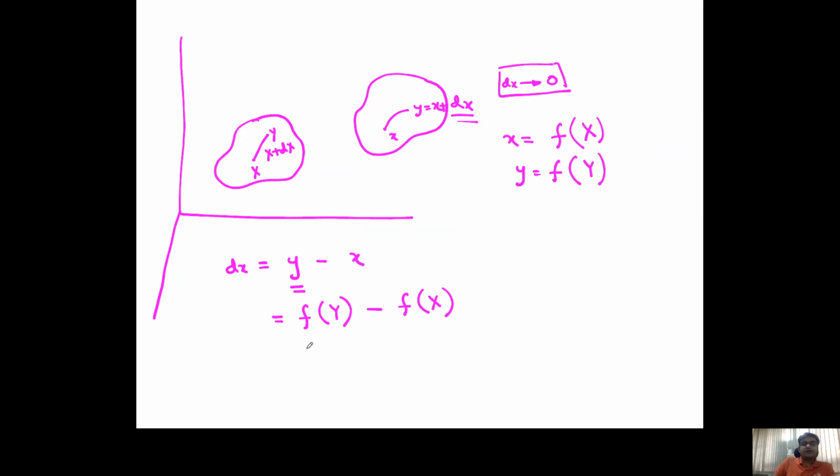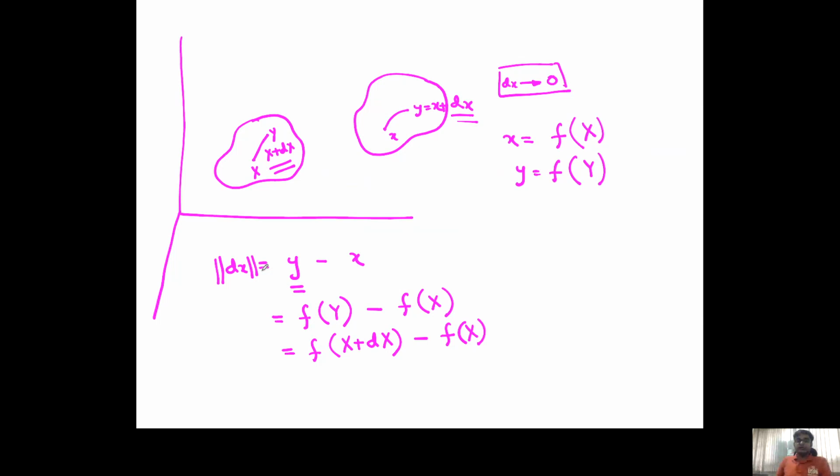And what is f of y now? We know that y is x plus dx. So f of y is f of x plus dx minus f of x. So this is what your length is, and since this is a length, we can write it like this, right? We are trying to find out the length dx.